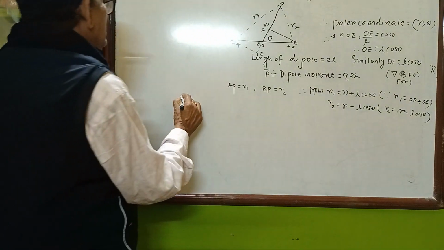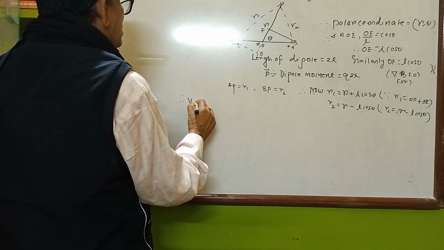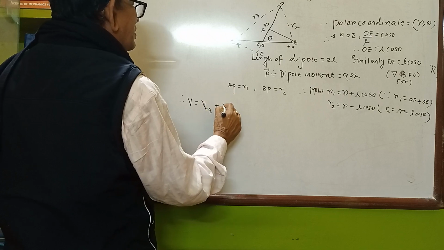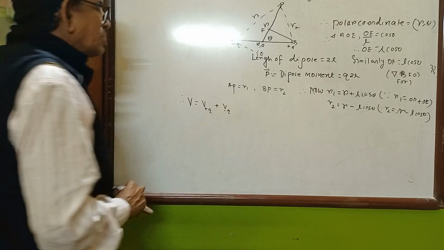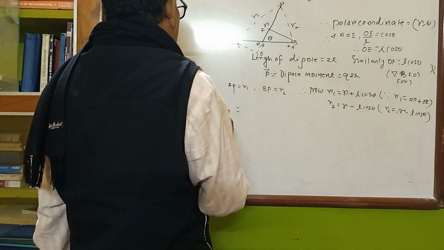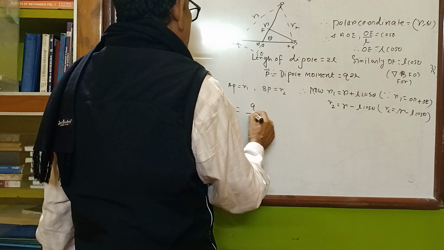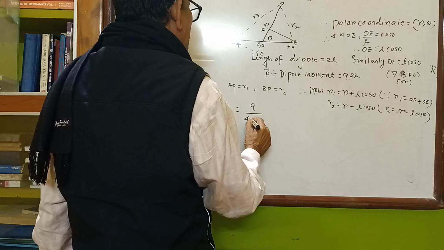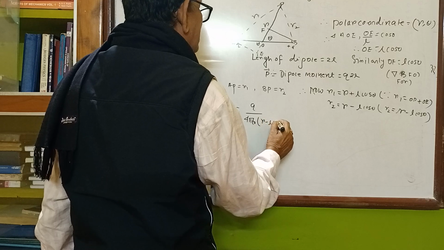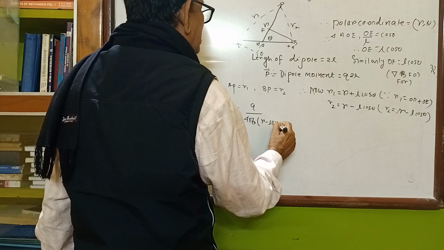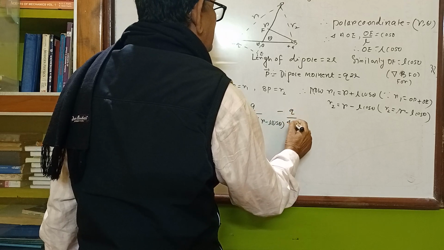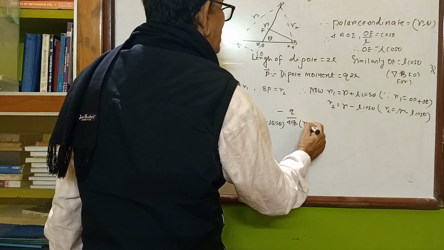So potential V equals potential for the positive charge plus potential for the negative charge. Clear? So we have q by 4 pi epsilon naught into r minus L cos theta, minus q by 4 pi epsilon naught into r plus L cos theta.